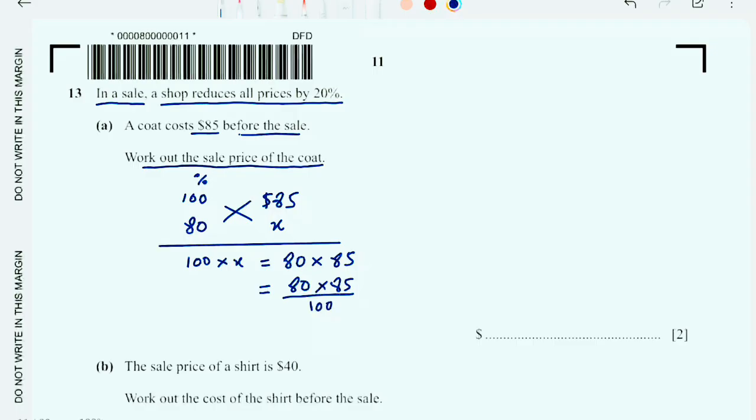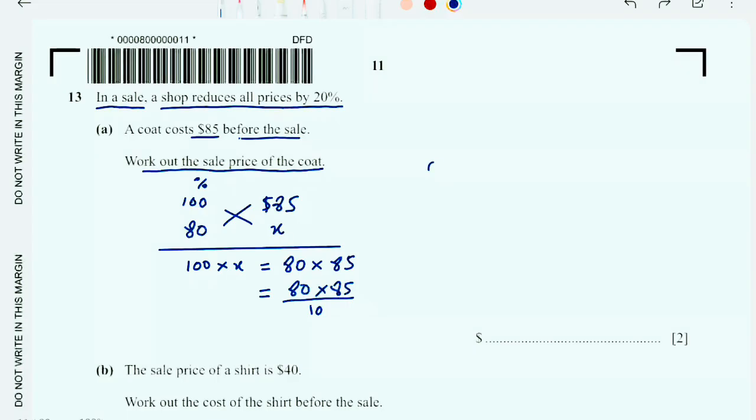Now we have to multiply, and this is a paper 1 question and we don't have to use a calculator for this. So 85 times 80 would be 00. 8 5s are 40, 0 would be here, 4 carry, 8 8s are 64, 65, 66, 67, 68.